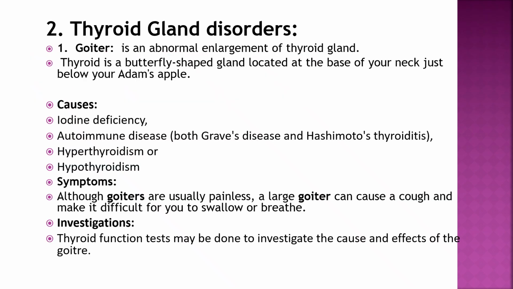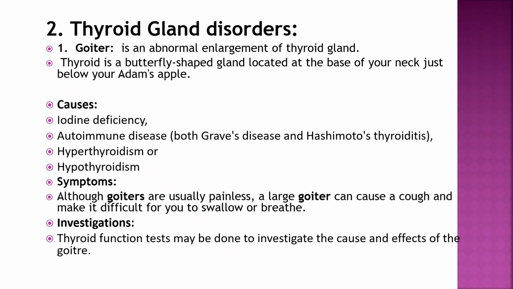The second gland is the thyroid gland, and in that the first disorder is goiter. Goiter is abnormal enlargement of the thyroid gland, a butterfly-shaped gland located at the base of the neck just below the Adam's apple. Causes of goiter can be iodine deficiency or autoimmune diseases like Graves' disease or Hashimoto's thyroiditis, hyperthyroidism or hypothyroidism.